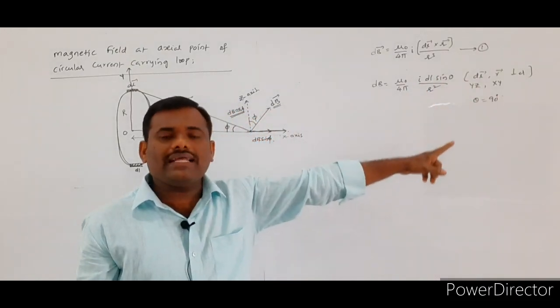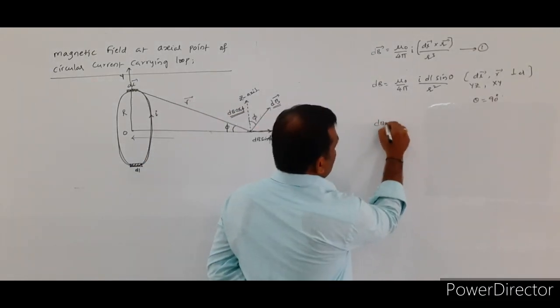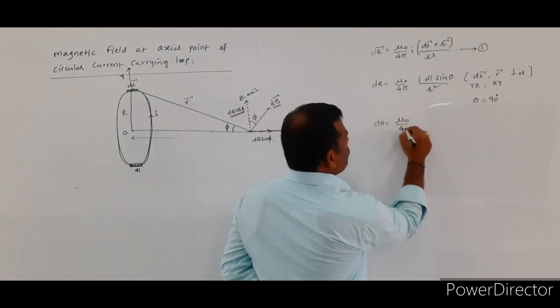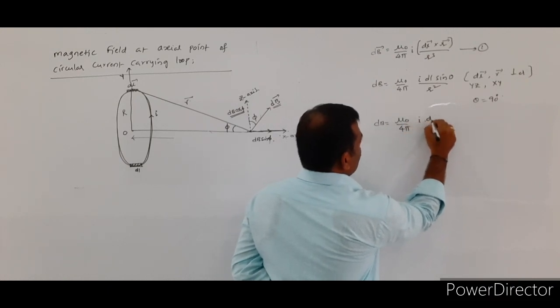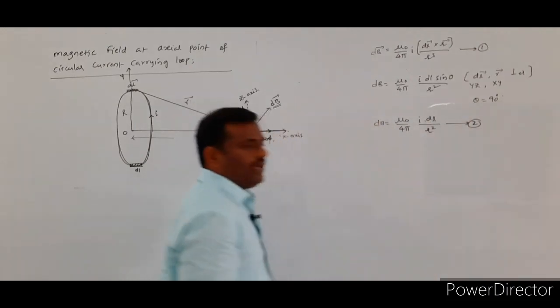That's why we are writing theta is equal to 90. Therefore dB is equal to mu naught by 4 pi I into dl by r square.